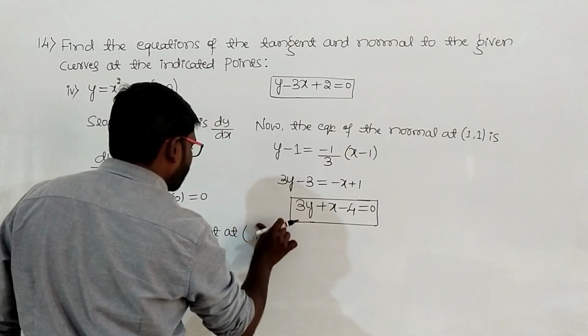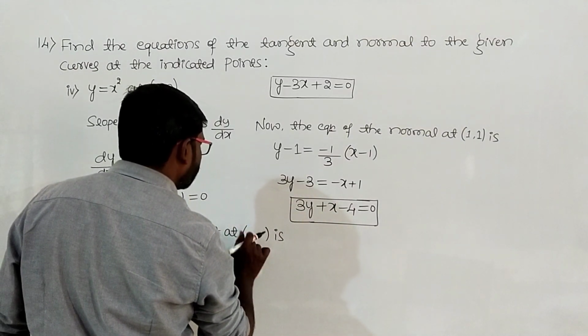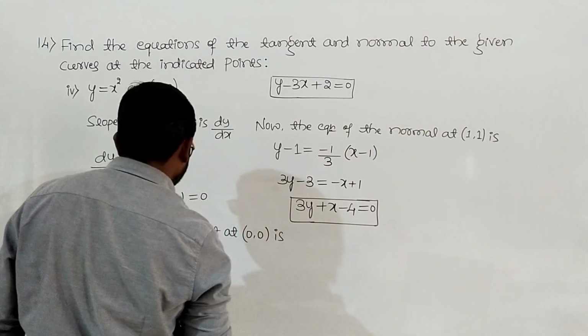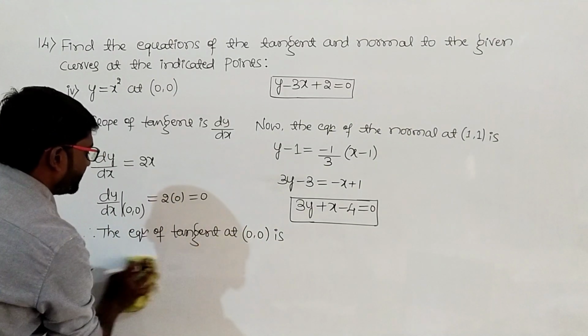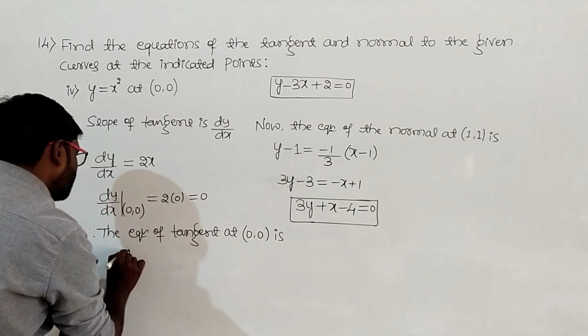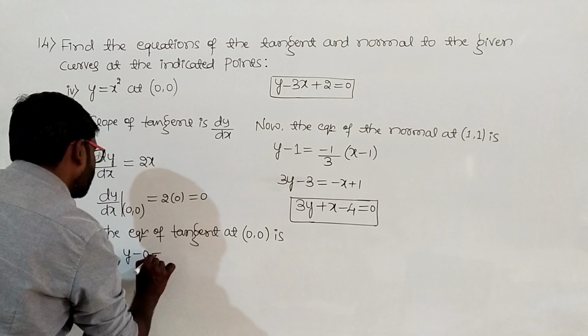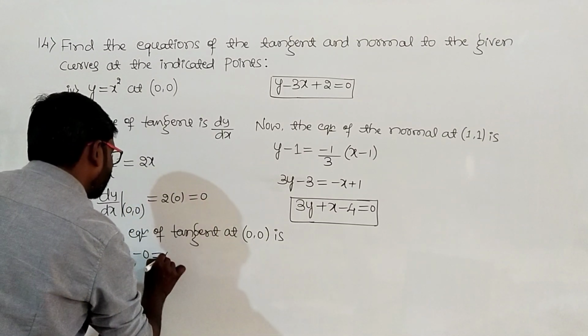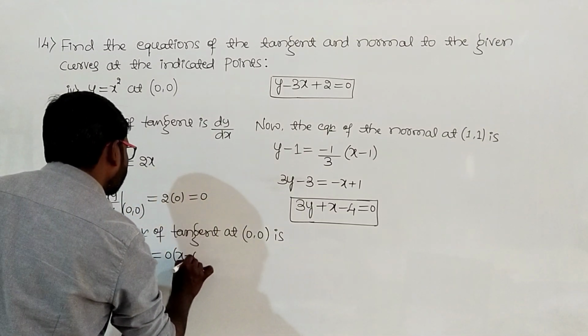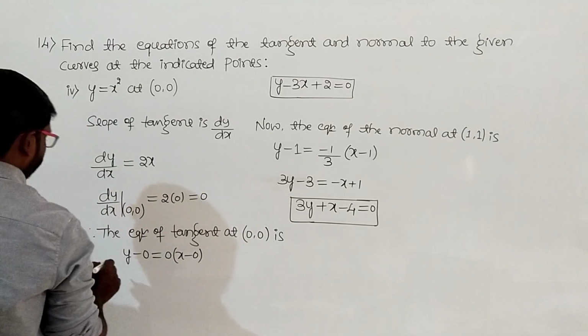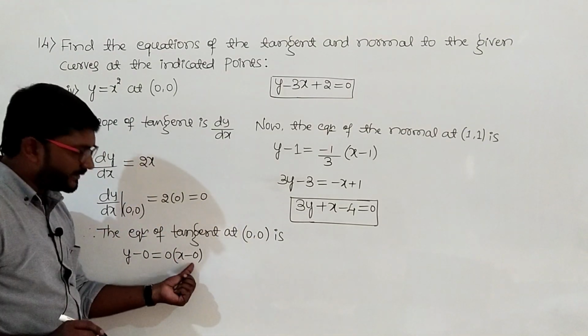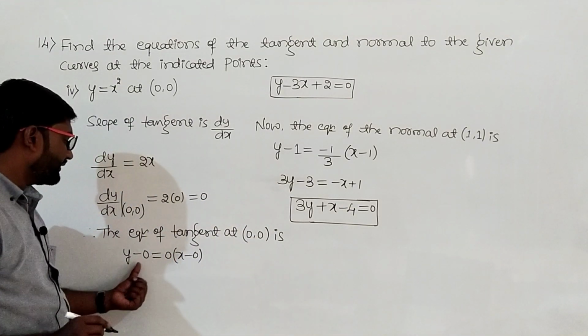Then the equation of the tangent at 0 comma 0 is y minus y naught, it is 0, which is equal to f dash of x naught, that is also 0, into x minus x naught, it is 0. Then 0 into anything is always 0, and then y minus 0 will be y.